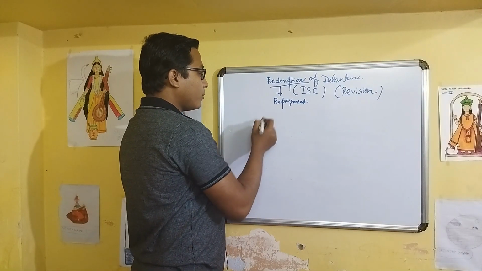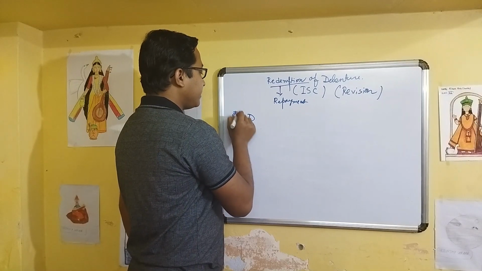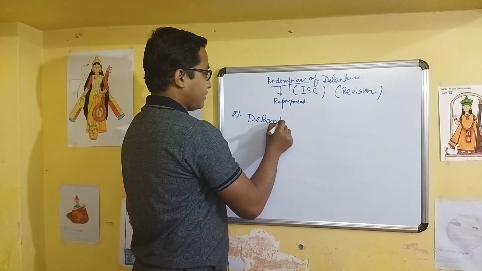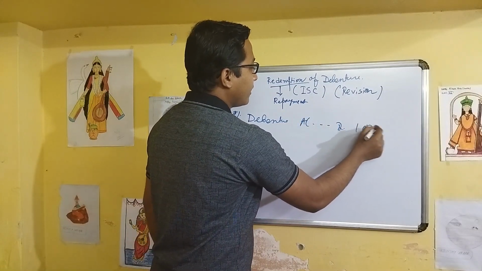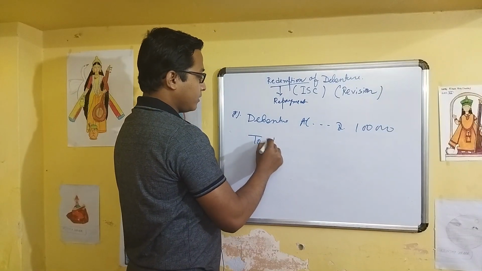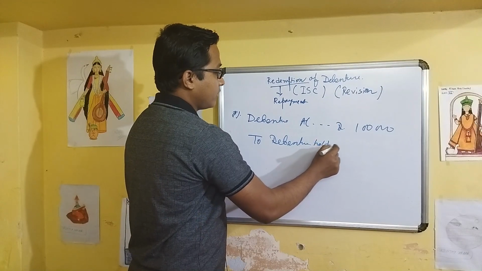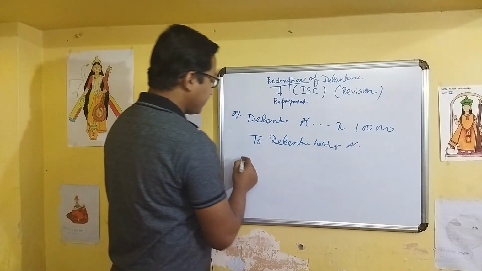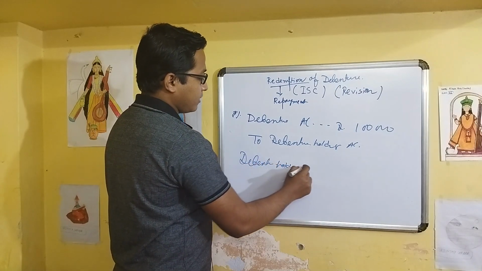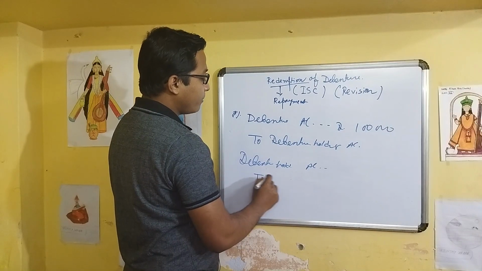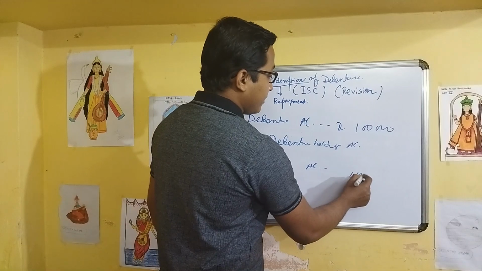The redemption is the opposite of the issue journal, that is: 8% debenture account debit, it might have some value like 1 lakh, to debenture holders account, and then debenture holders account to bank. These are the two journal entries.